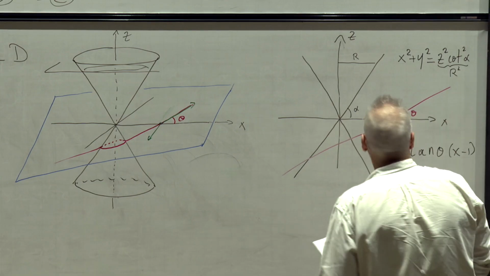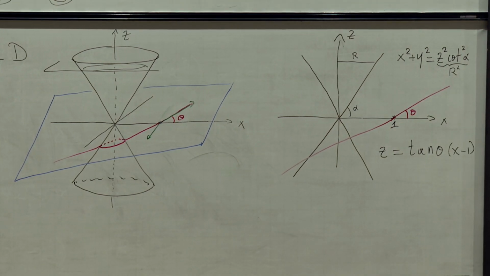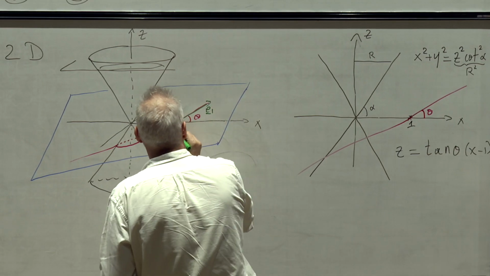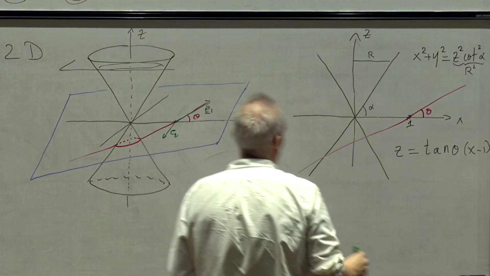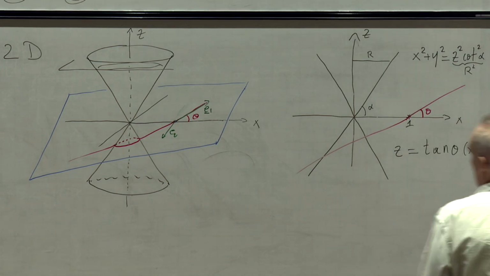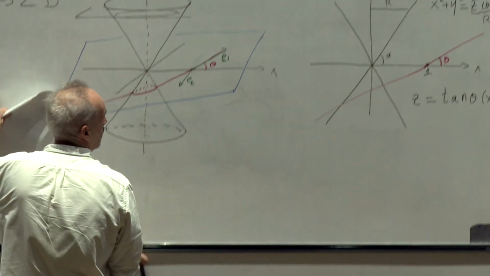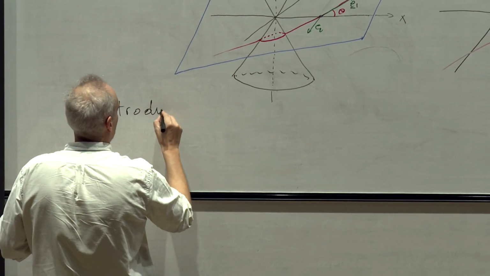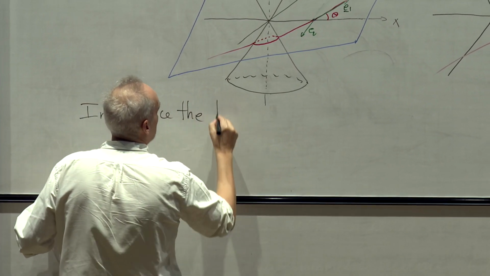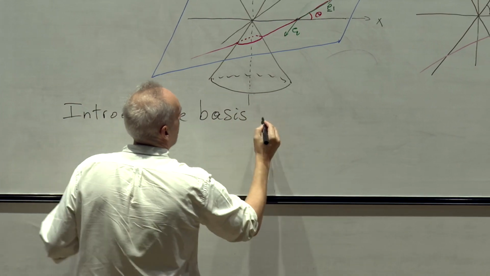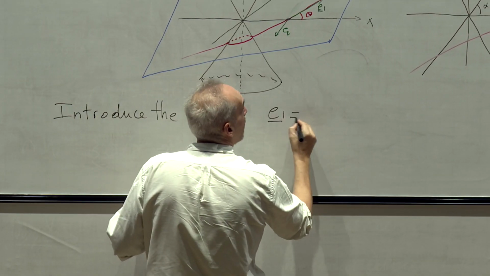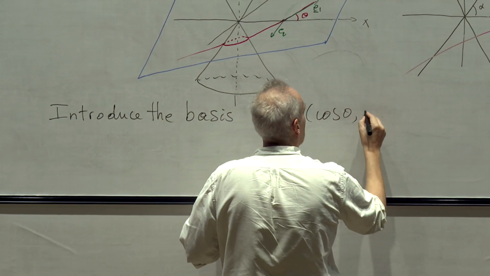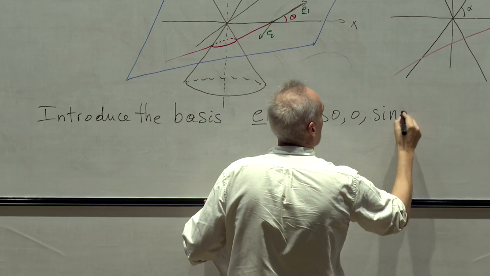And to do that, I introduce the basis E1, E2, and E3, perpendicular to the two. It's a basis of the full space, which is made by E1, which is just cos theta, 0, sine theta.